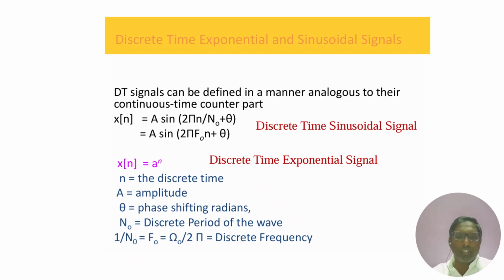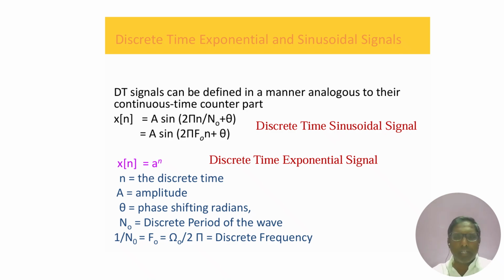x of n equal to A sin 2 pi n by N naught plus theta. Here 1 by N naught we can represent as f naught. Therefore, x of n equal to A sin of 2 pi f naught n plus theta. This is the discrete time sinusoidal signal.